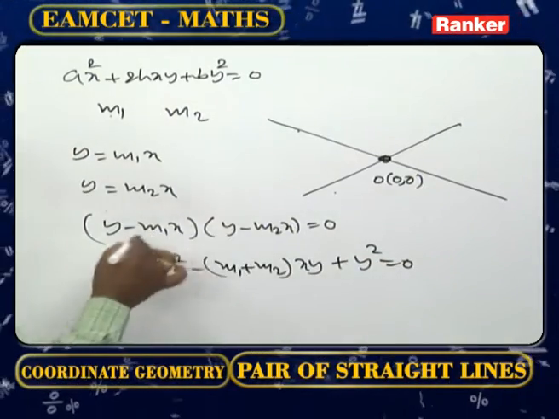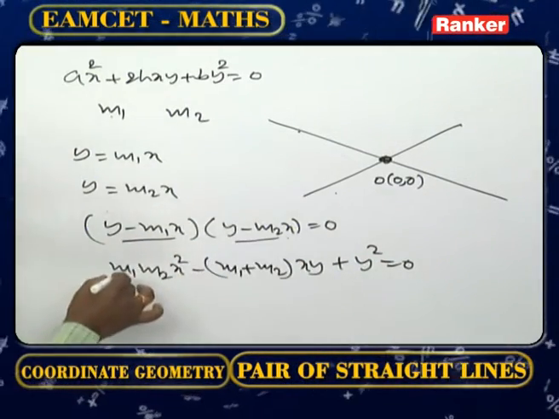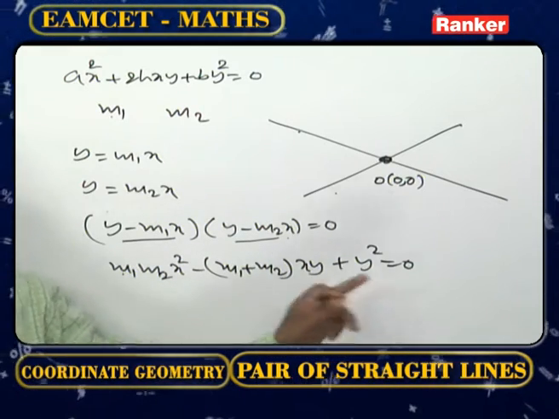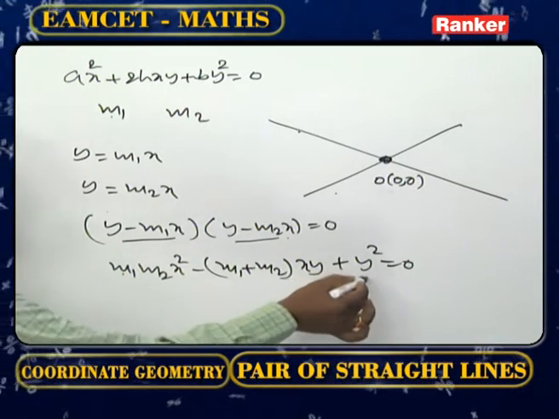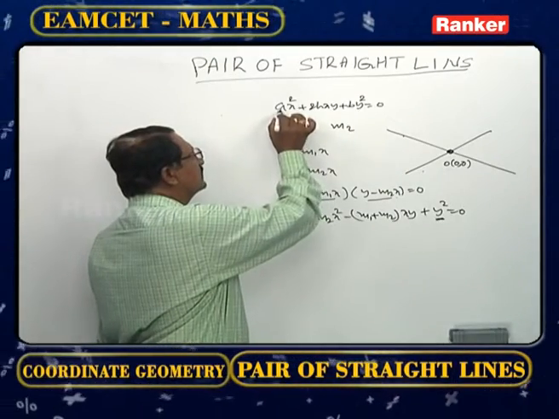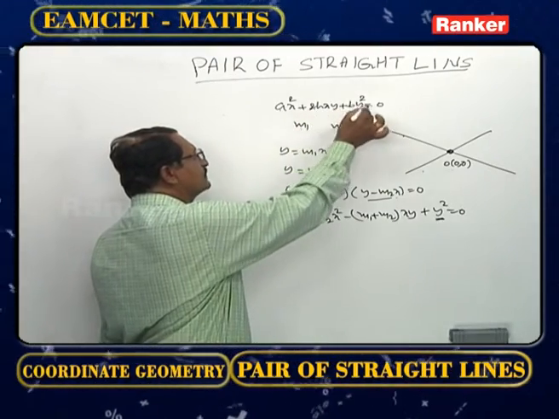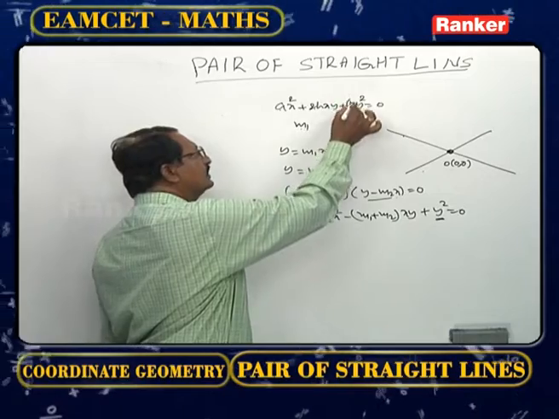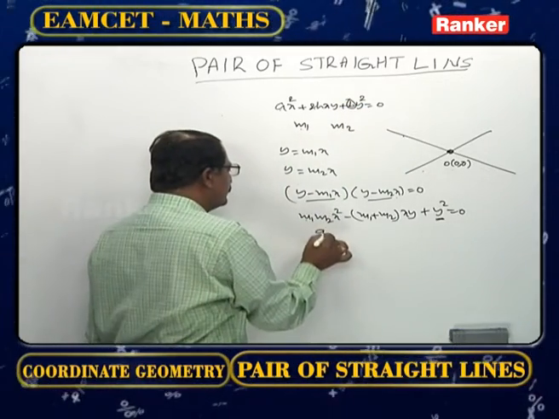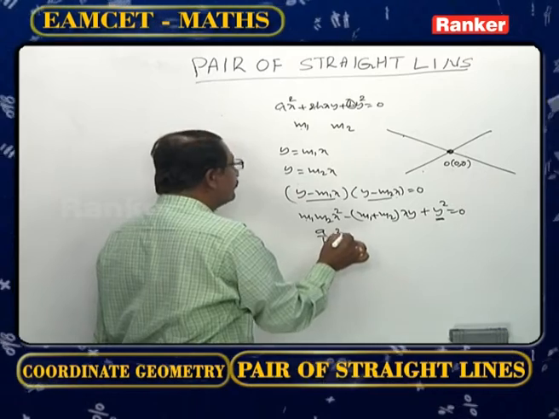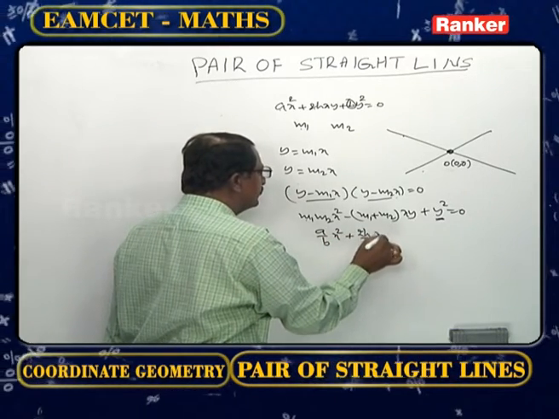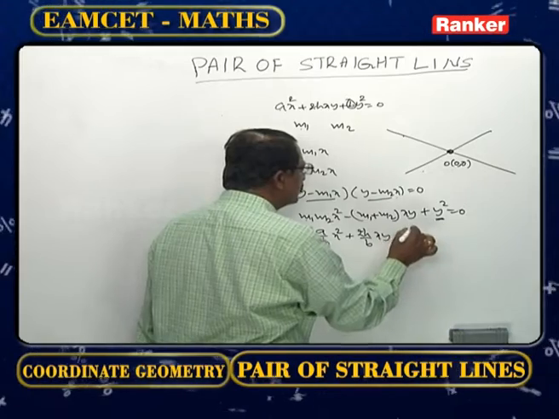Just multiplying these two factors, we get m1 m2 x square minus m1 plus m2 xy plus y square equals 0. But in this equation the coefficient of y square is 1, whereas in the equation ax square plus 2hxy plus by square equals 0 the coefficient of y square is b. Dividing the complete equation by b, we get a by b into x square plus 2h by b into xy plus y square equals 0.